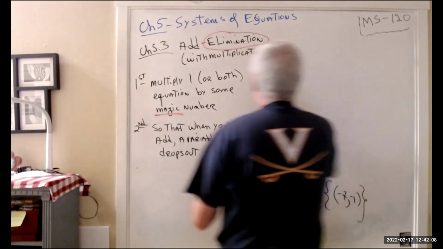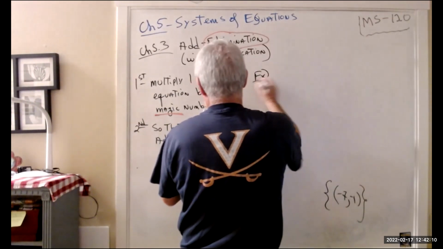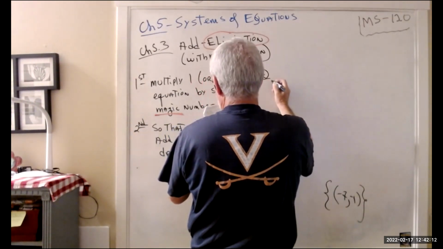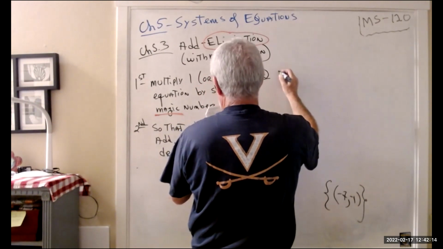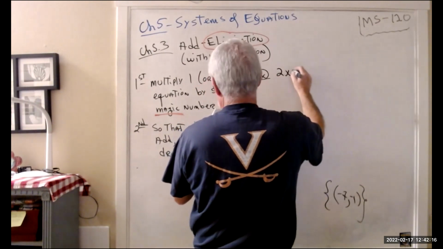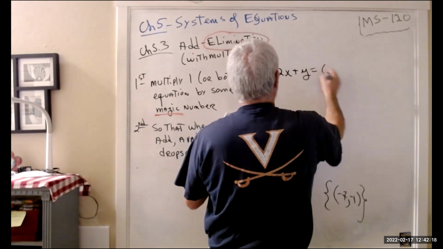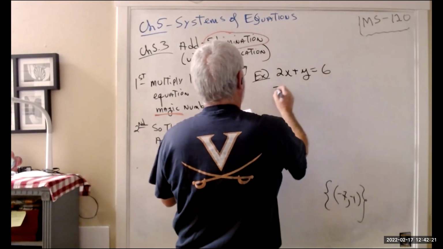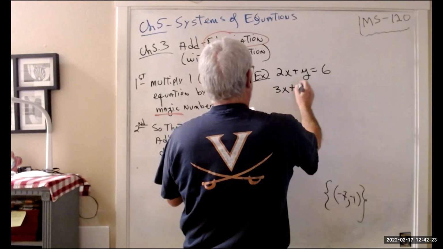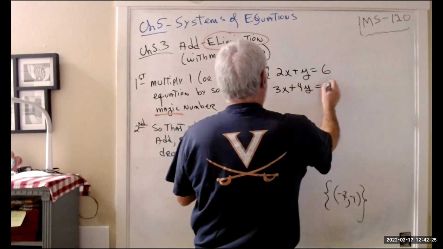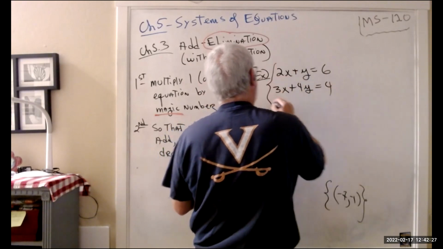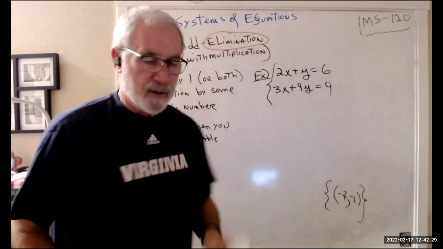Examples. 2x plus y equals 6, and 3x plus 4y equals 4.